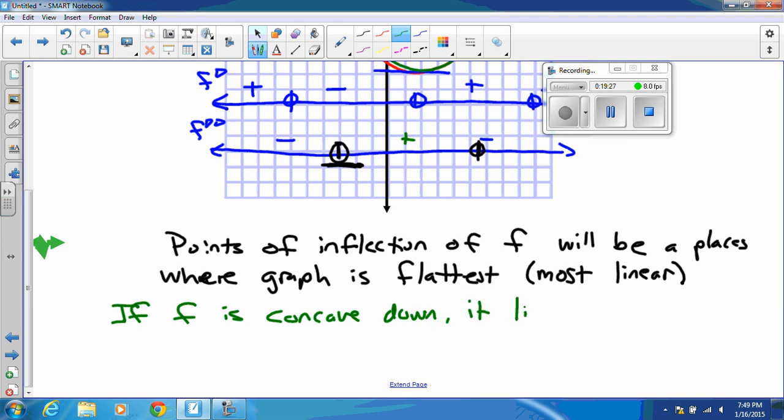Get these out of the way. There we go. If f is concave down, it lies below its tangents. And this must happen every time. Why?